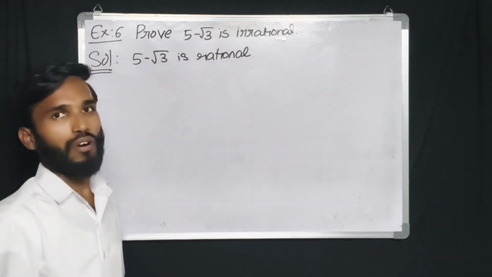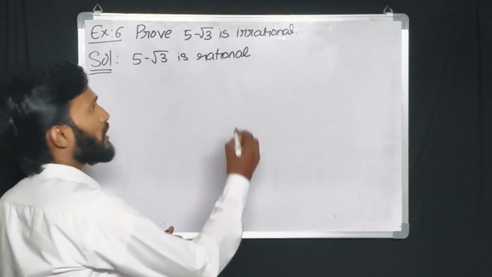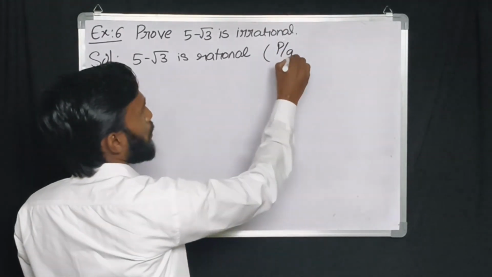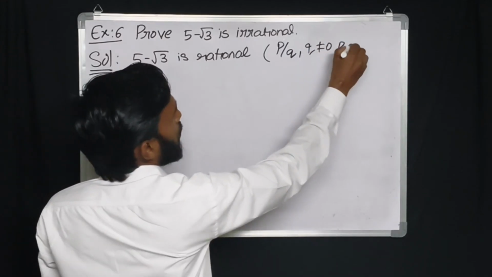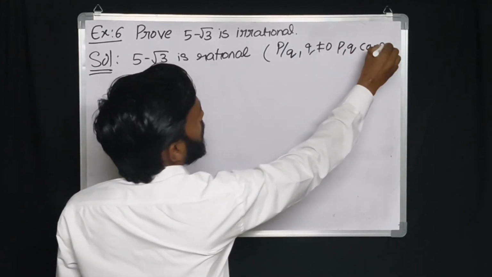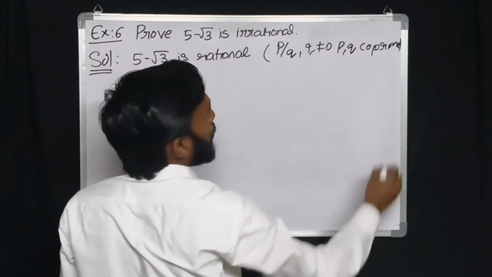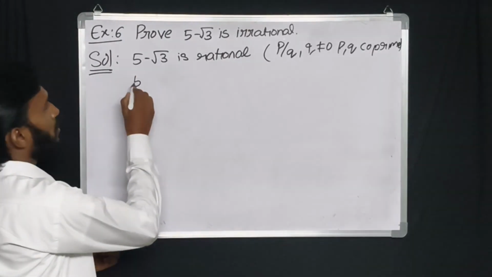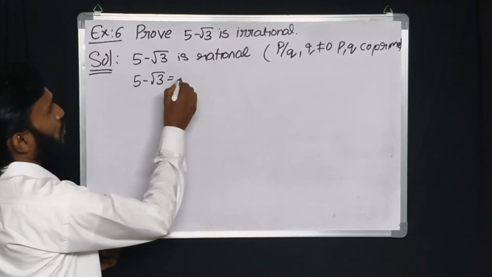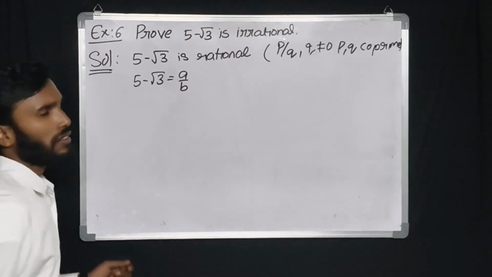We know the rational form: p by q form, where q is not equal to 0 and p, q are co-primes. Here, take 5 minus root 3 is equal to a by b.